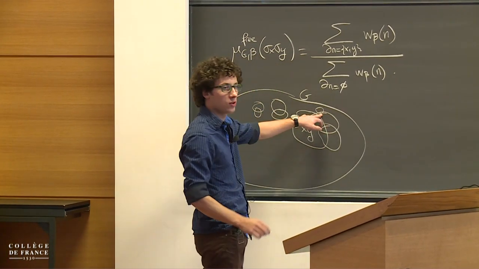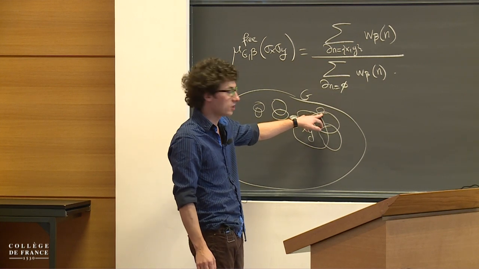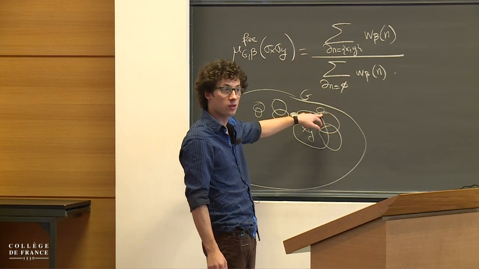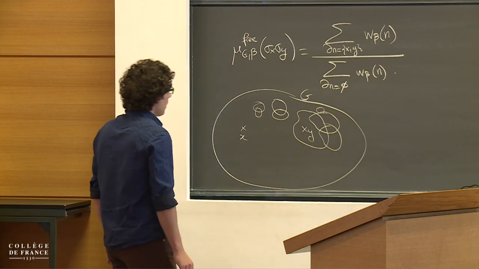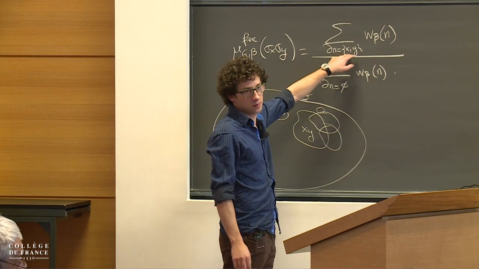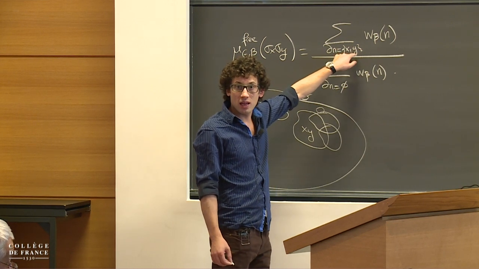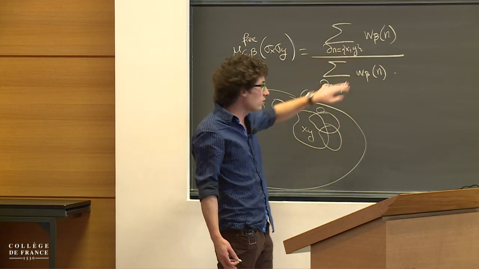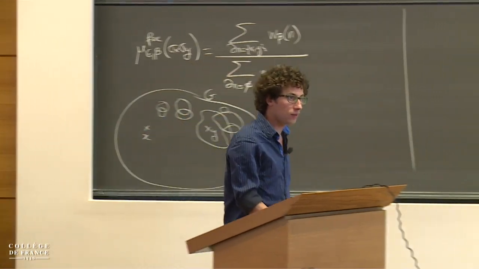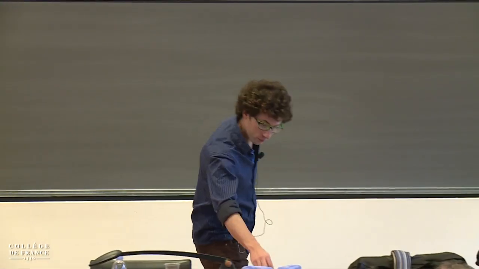This will correspond to the ones with n_xy, for instance, equal to 2 here. There are 2 loops going through this edge, and so on. Now, if you have sources at x and y, what is happening? Then there is no other way. You need to have a path going from x to y in this thing.